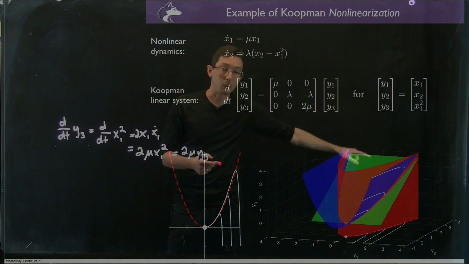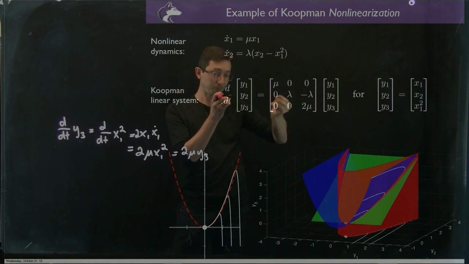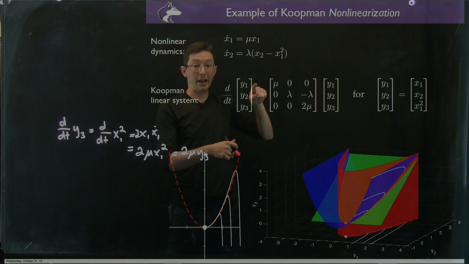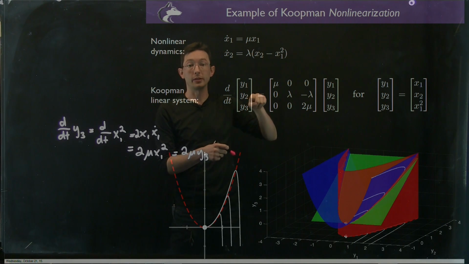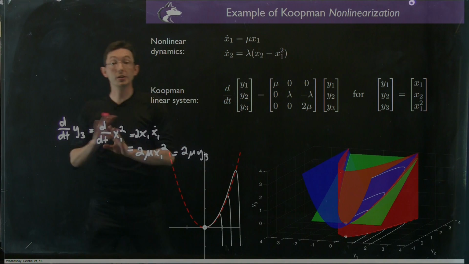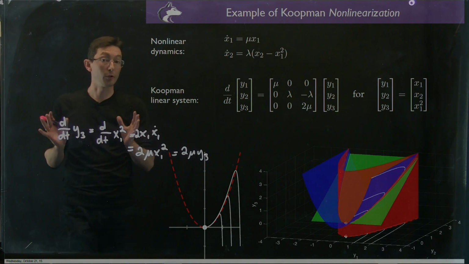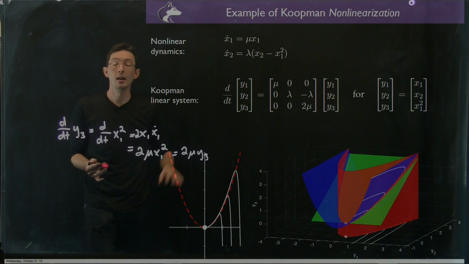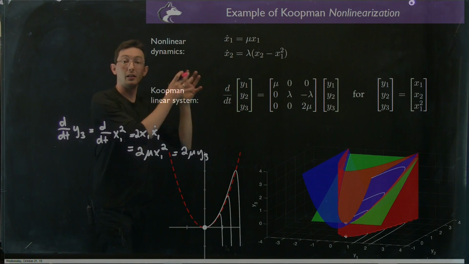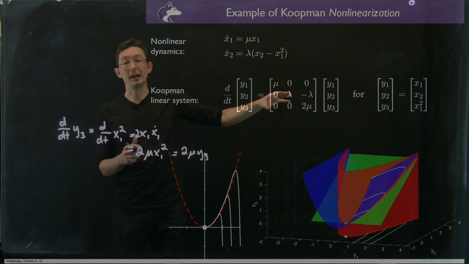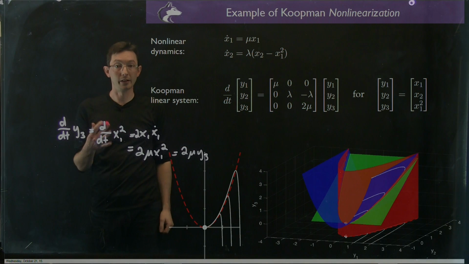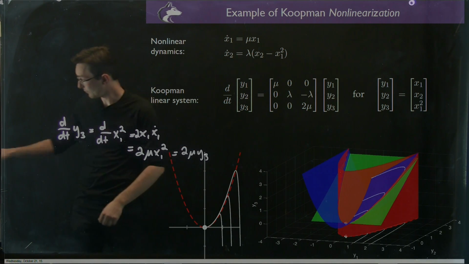And if I follow these white trajectories in this three-dimensional Koopman linear system, and I follow what happens to these first two coordinates, I exactly reconstruct my nonlinear dynamics, which is really remarkable. So this has been the promise and the hope of Koopman all along, that for nonlinear dynamical systems, I can find some compact linear representation that allows me to follow trajectories of the nonlinear system using linear analysis, which is really cool.